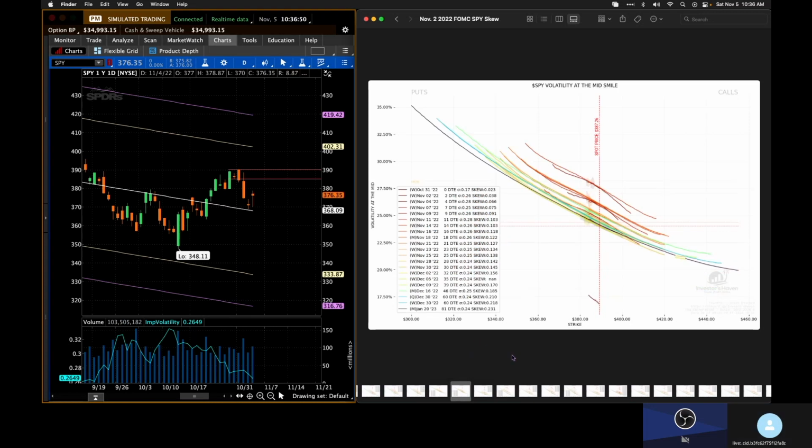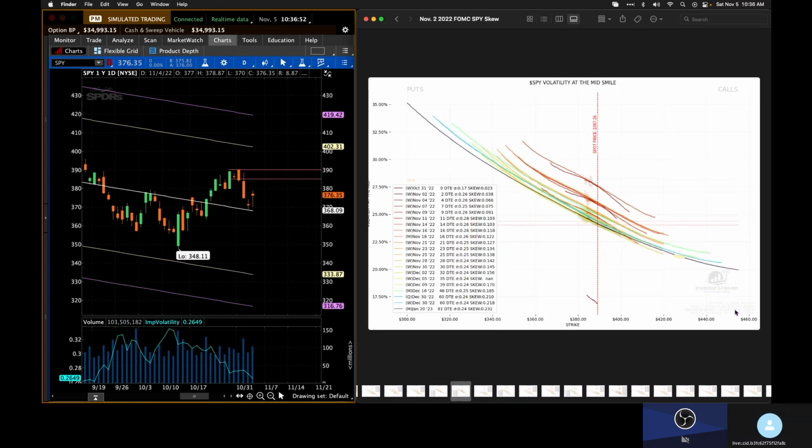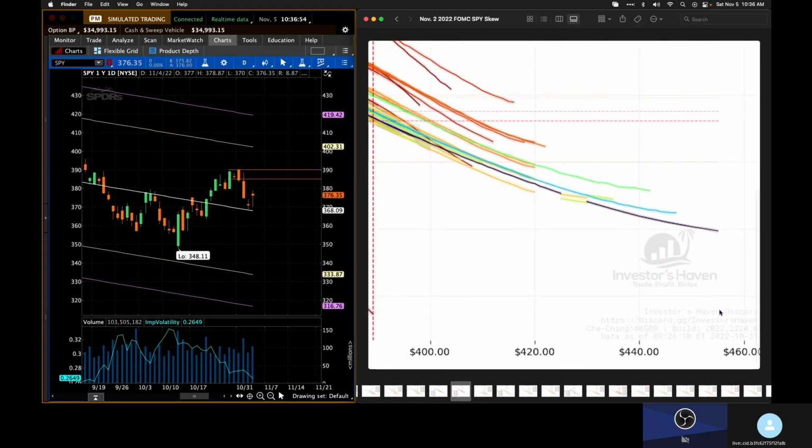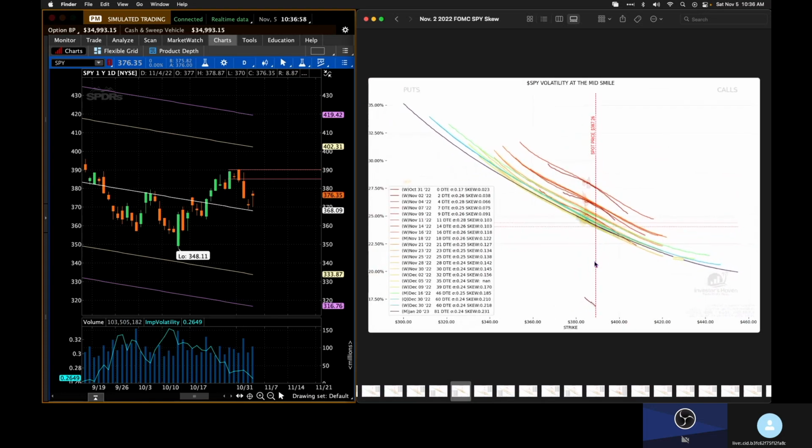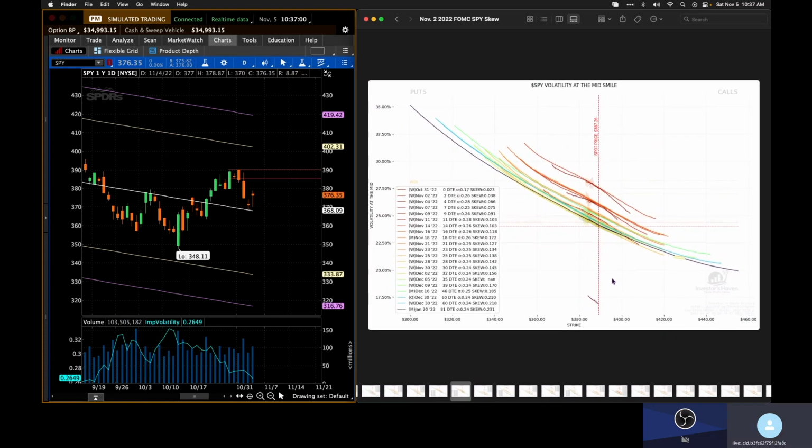They're not really driving for protection and not really hedged, but they're also not buying a bunch of calls either. So when I see a flat skew like that, I'm waiting for something to happen. Yeah, nothing's happening here yet.